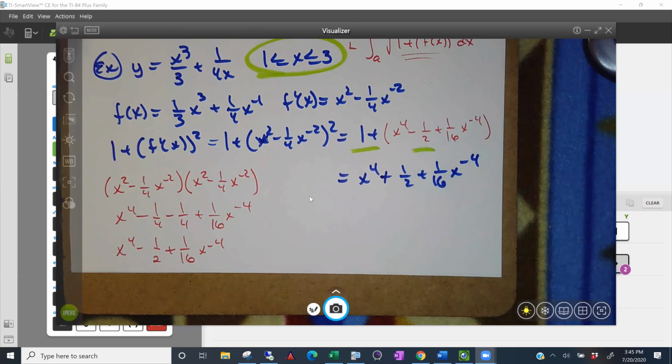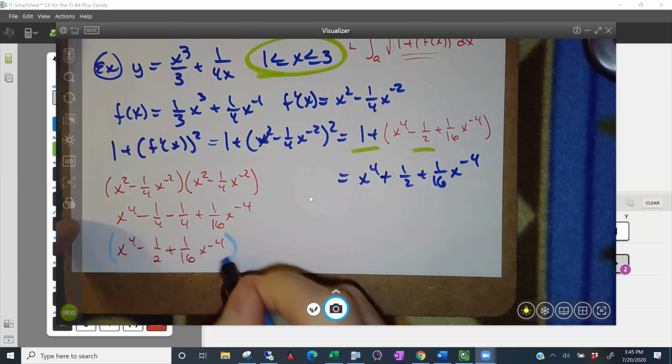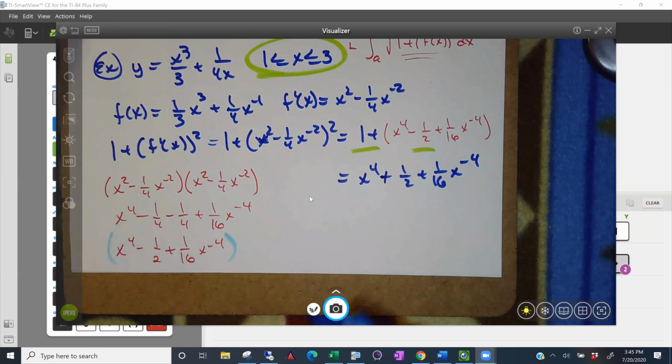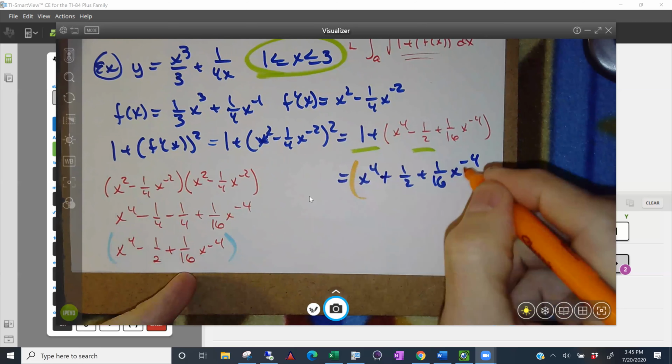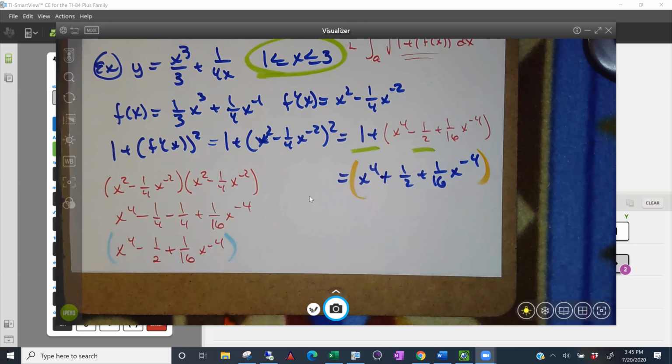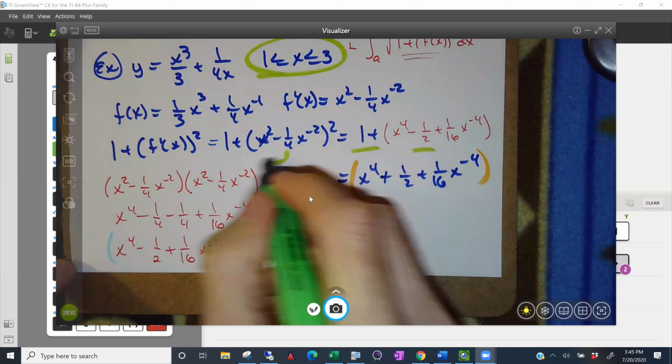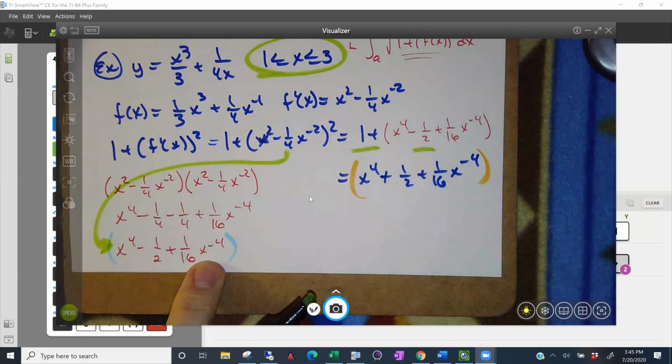Now, if you look at these two terms here, this one and this one. Keep in mind, this one came from this squared. Squaring this gave me this.